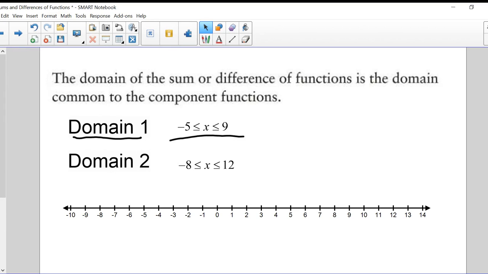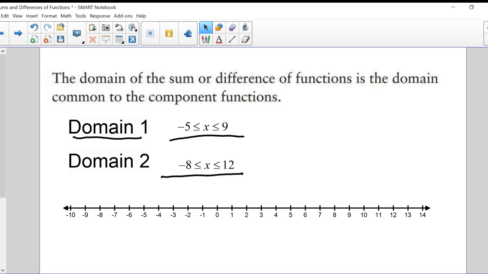That's as far as this function goes, right? So the domain for the first function only extends from -5 to 9. Then you're told, I want you to add that to another function, and that second function goes from -8 to 12. So what should you expect to be the domain of the resulting function?